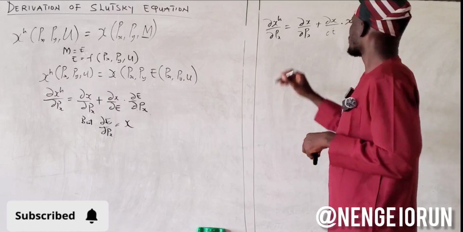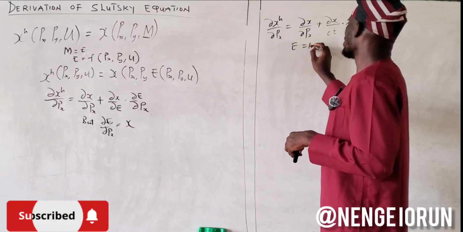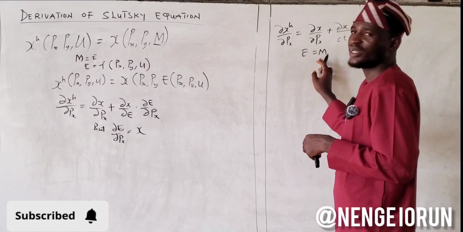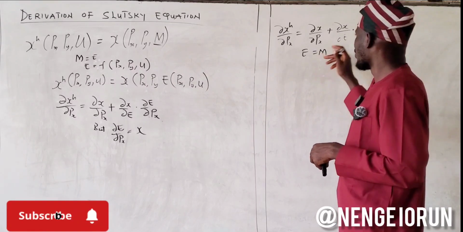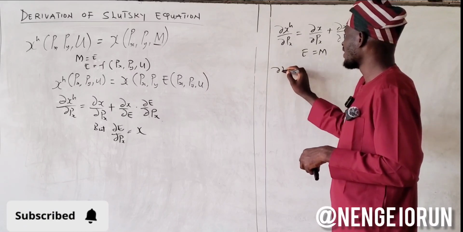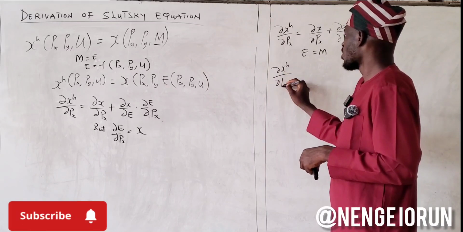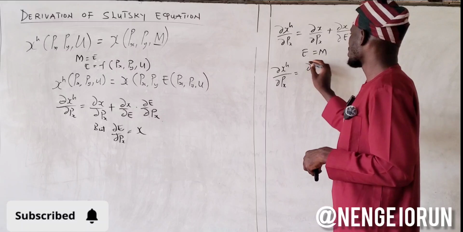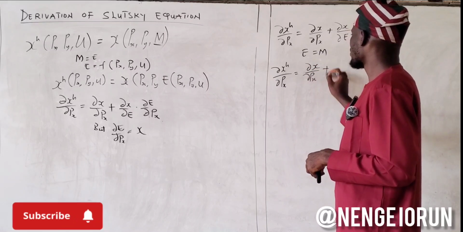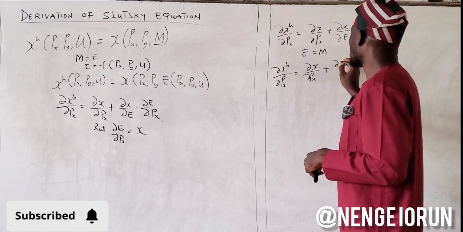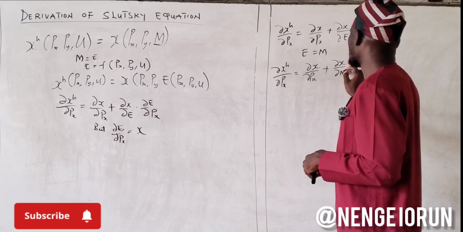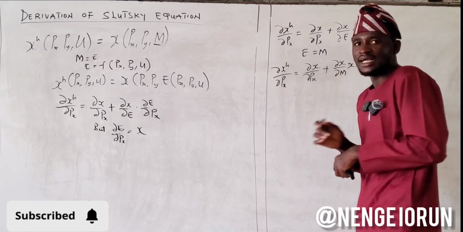Now, E is equal to M. Expenditure equals income M. We are going to replace this E with M. We have the partial derivative of the Hicksian demand function over the price of X equal to the partial derivative of X with respect to the price of X, plus the partial derivative of X with respect to income times X.